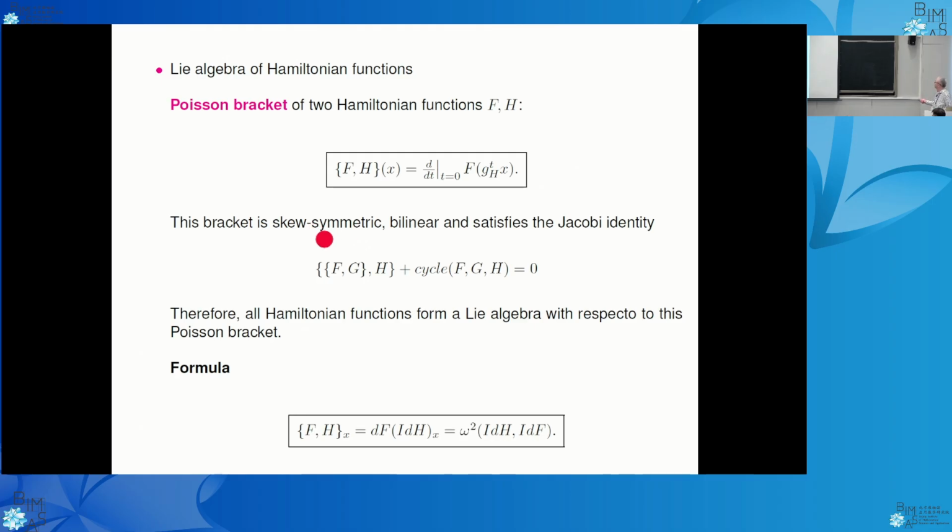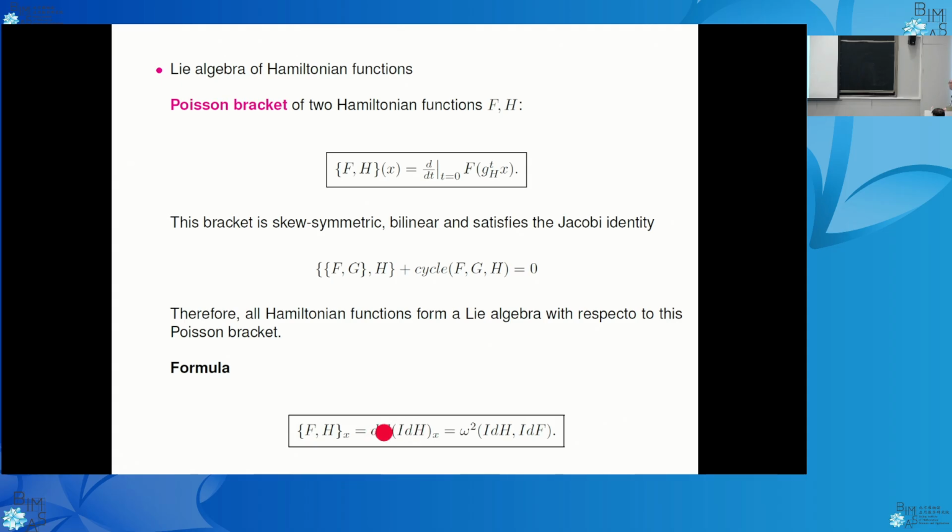How do you compute the Poisson bracket? Suppose you are given two Hamiltonian functions, f and h. The relationship is this: the left-hand side is the Poisson bracket of the two functions. Now you can take the two differential one-forms; remember, these are tangent vectors evaluated at the point x.